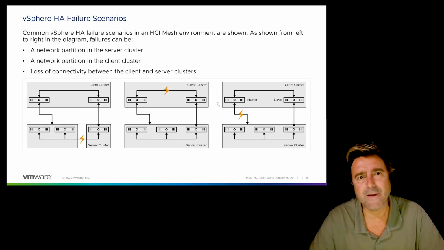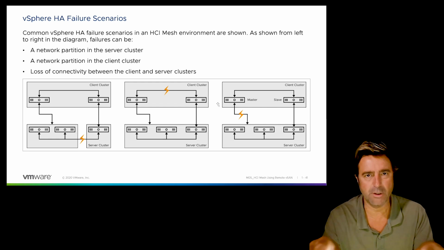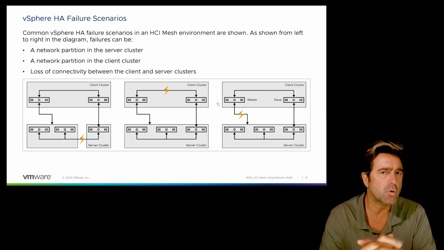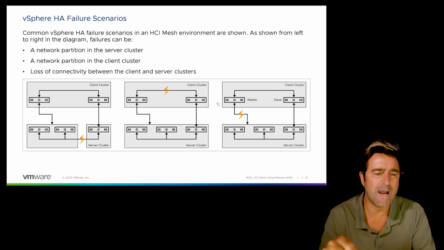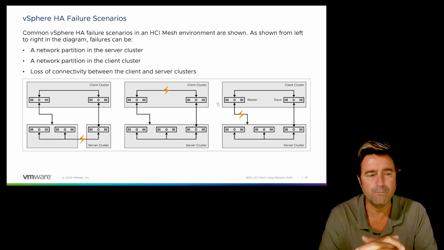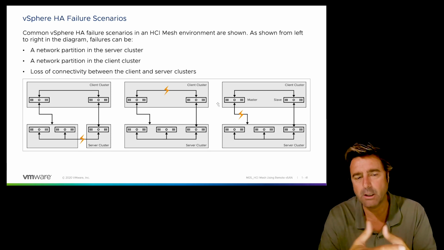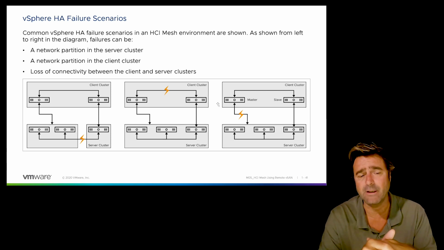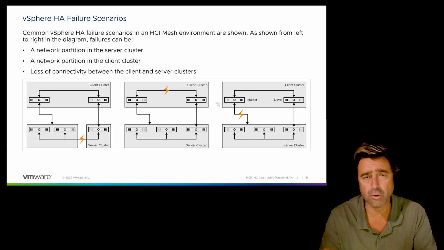So let's take a look at this page. In this page, we're showing you different potential issues that you may encounter one day. If you look at the 3 bullets, number 1 is a network partition in the server cluster. Number 2, a network partition in the client cluster. And then lastly, loss of connectivity between the client and server clusters.